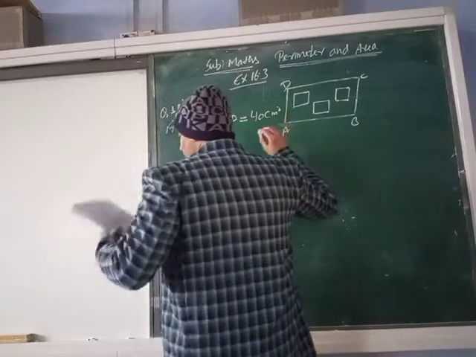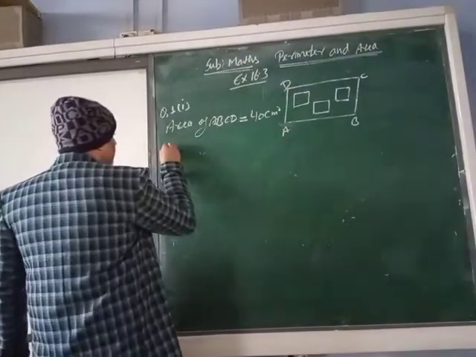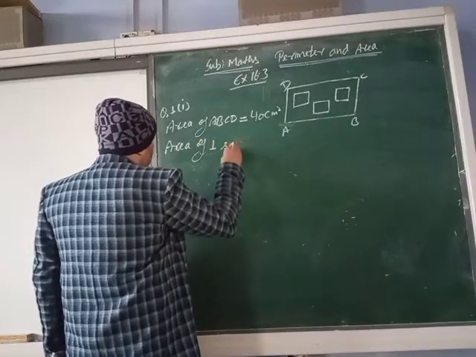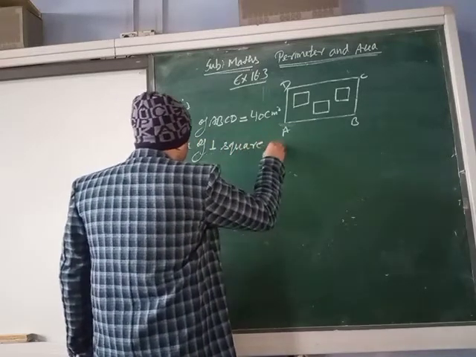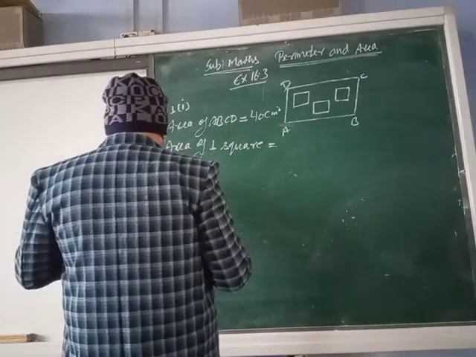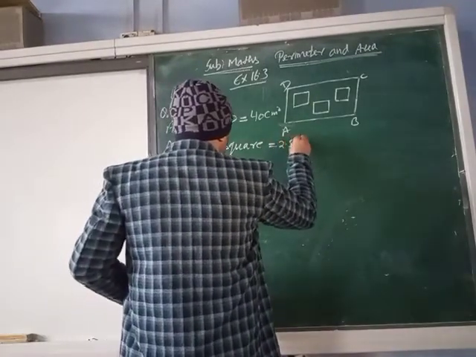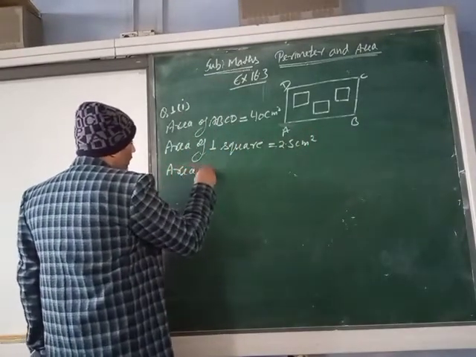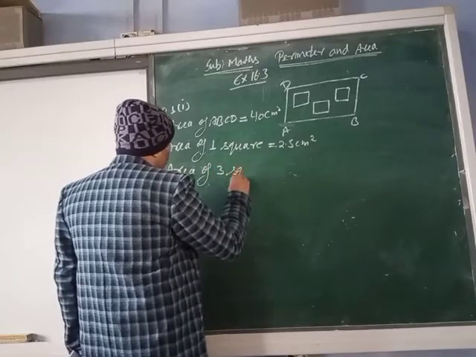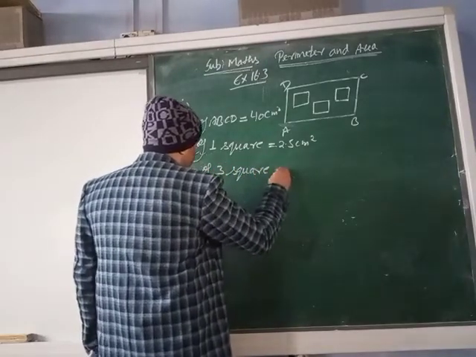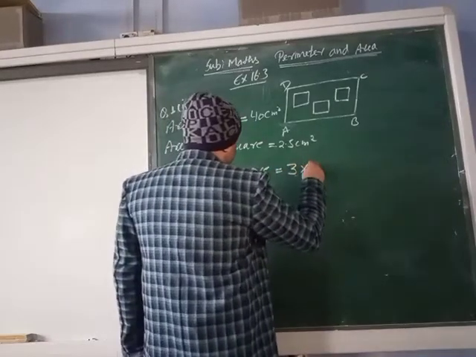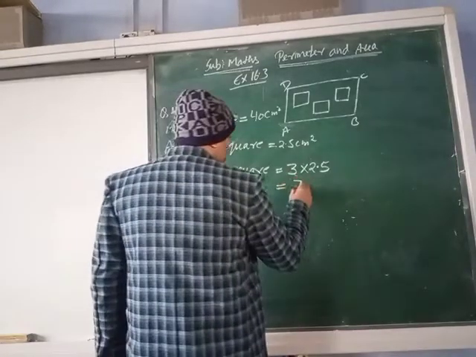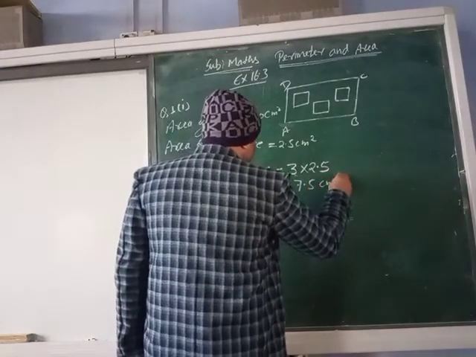Also it is given the area of one square is 2.5. Therefore, area of 3 squares is 3 multiplied by 2.5, that is 7.5 centimeter square.